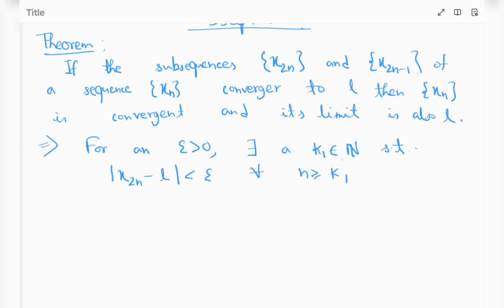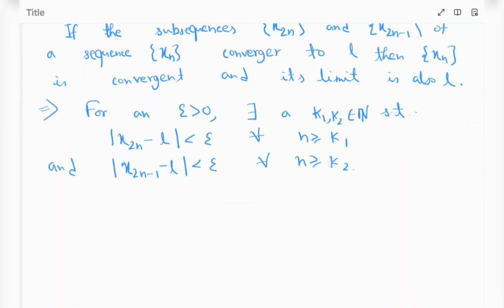Similarly a k2 will also exist, right? And |x2n minus 1 minus L| is less than epsilon for all n greater than or equal to k2, right? So you have these two things.